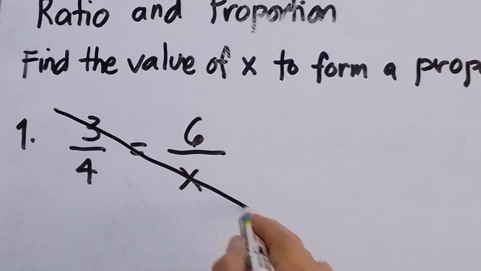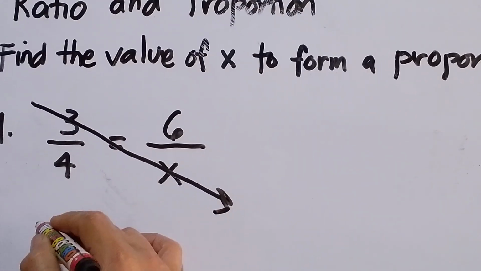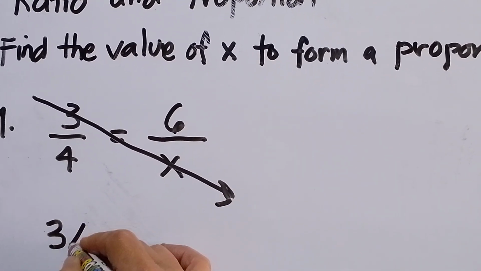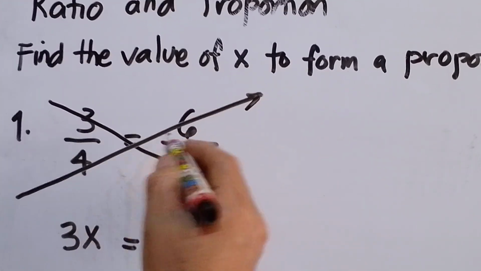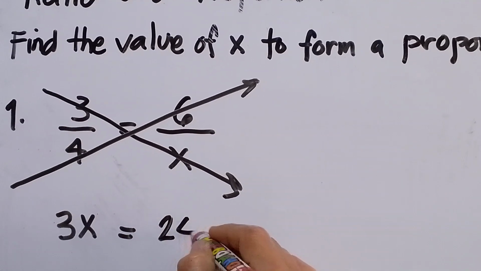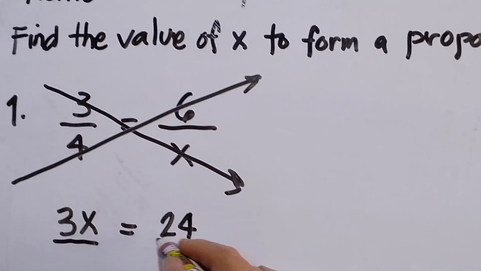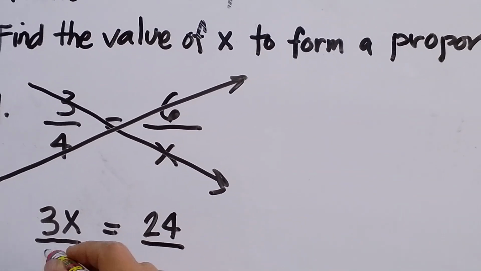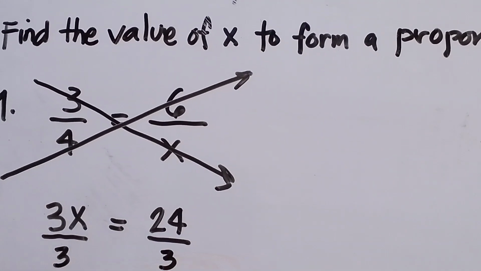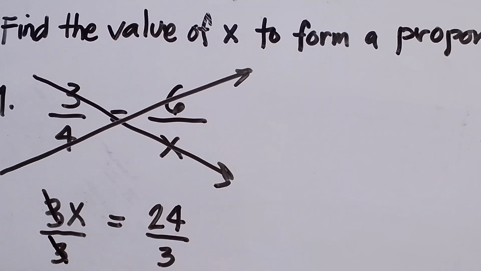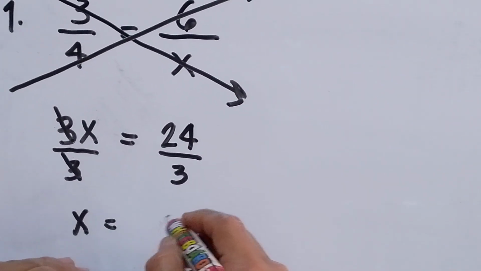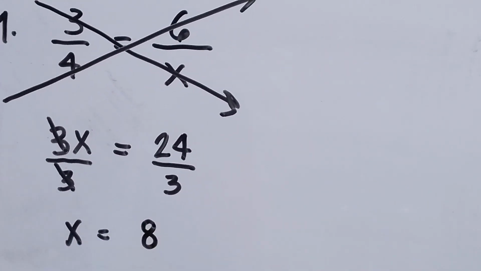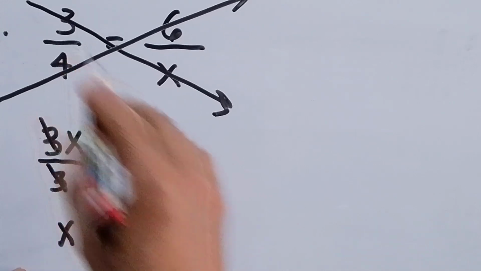I will apply cross multiplication. 3 times x is 3x is equal to 4 times 6 is 24, and then divide by the numerical coefficient of x, which is 3. Cross out 3, then x is equal to 24 over 3. What is 24 divided by 3? This is equal to 8. So x is equal to 8 for number 1.